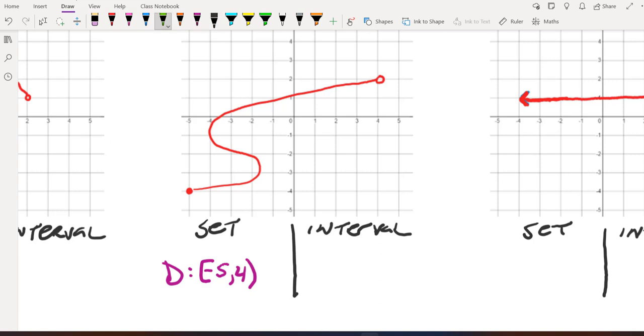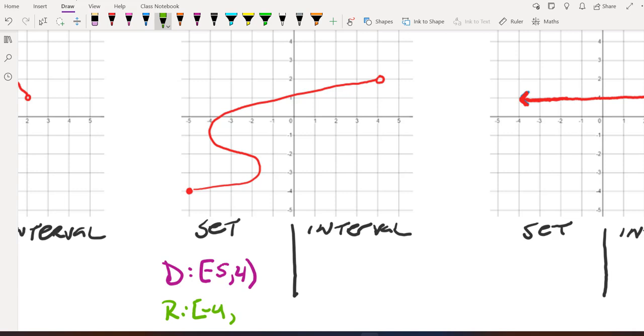On to range. We go to the bottom value first. We're sitting at this point here. What is the y value and what kind of bracket? Square. It's a square bracket, and what's the value? This is the value here, -4. So -4 with the square bracket.